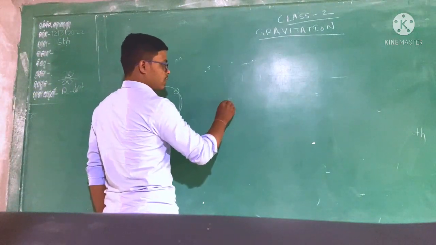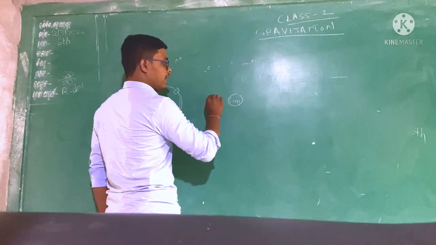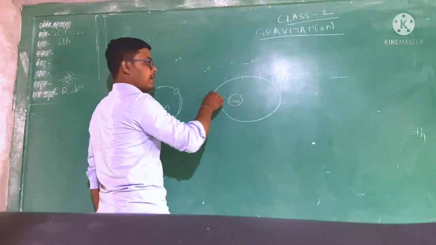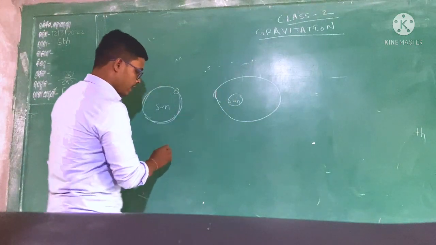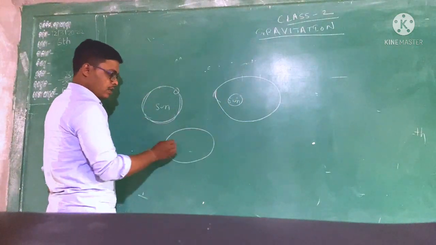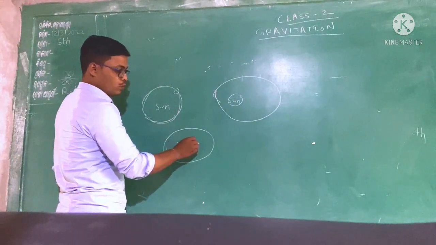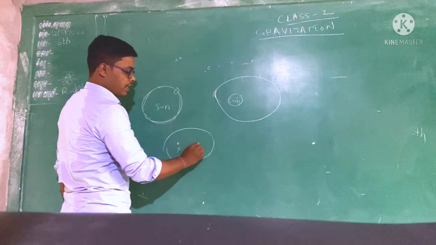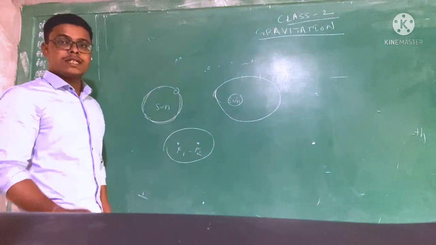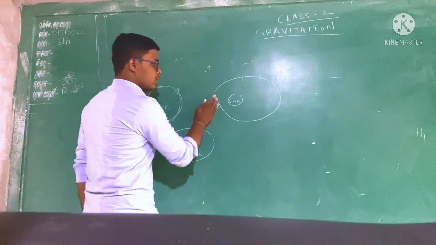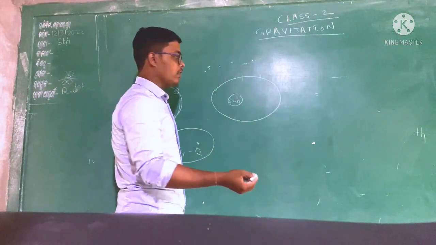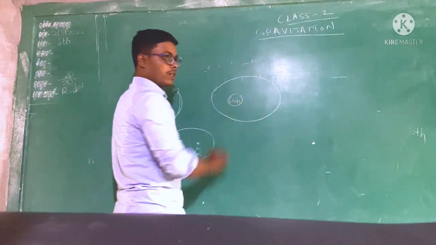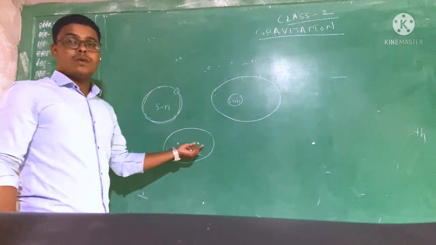Suppose this is the Sun, then Earth is rotating in an elliptical path where the Sun is situated at a focus. An ellipse has two foci, one is F1 and another is F2. So Kepler says that the Earth is revolving around the Sun in an elliptical path, and the Sun is situated at one of the foci.